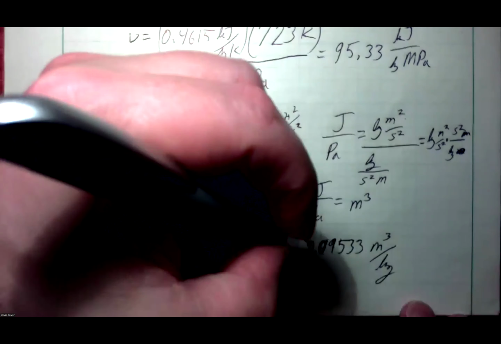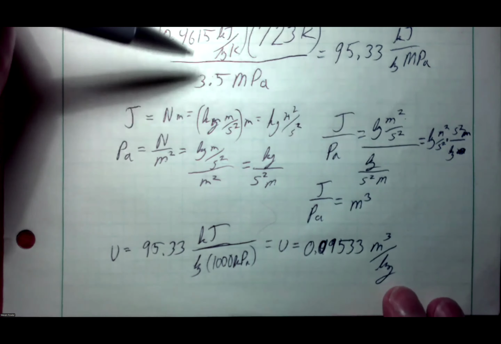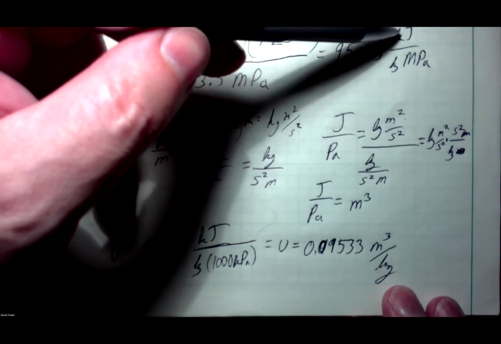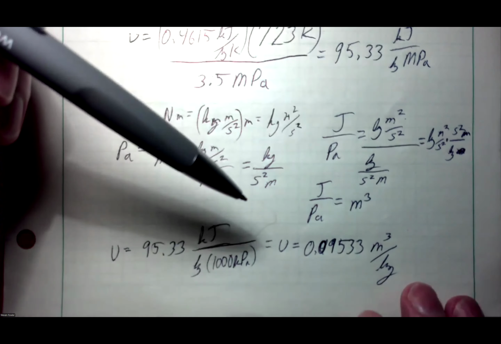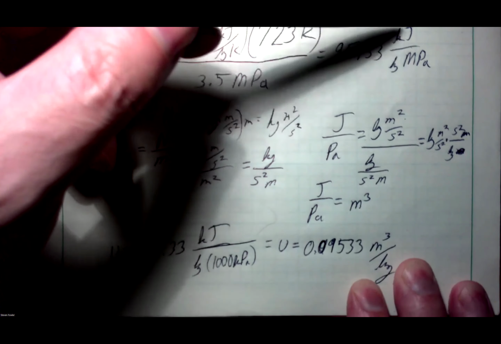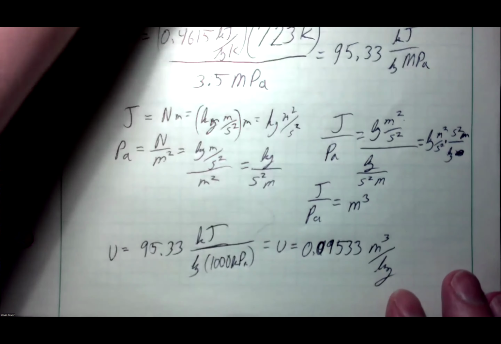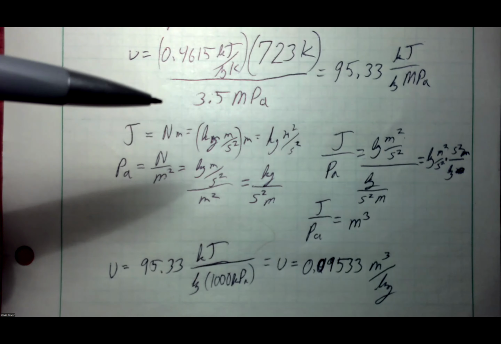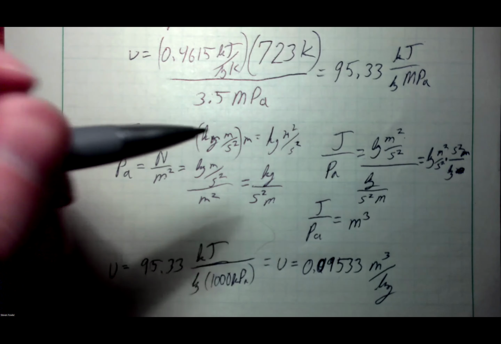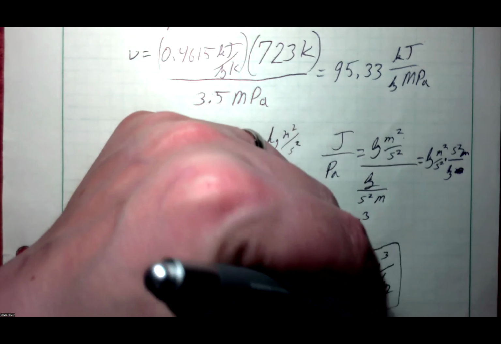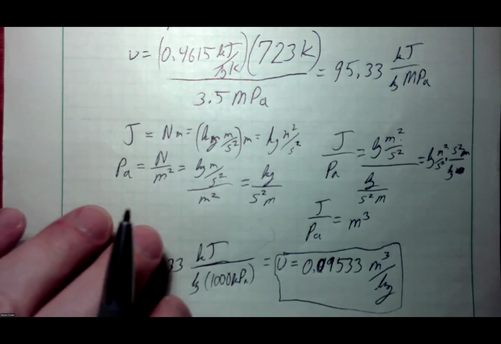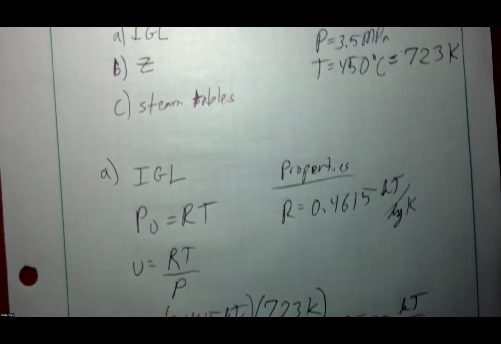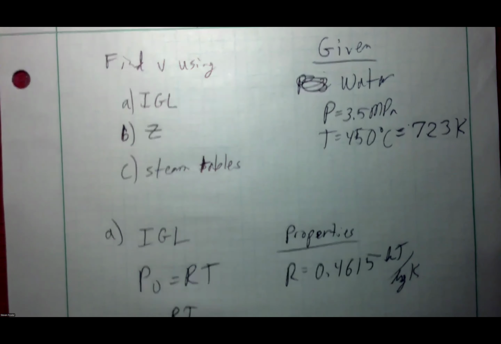It doesn't. But if you break everything down to the same magnitude, base unit joule over Pascal, notice joule over Pascal does break down to simply meters cubed. So part A, answer. Find the specific volume using ideal gas law.